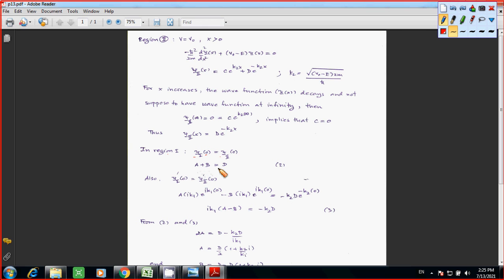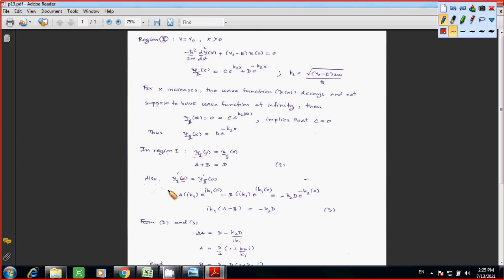That's why you have A plus B equal to D. And also the derivative of the wave function in region 1 at x equal to 0 has to be equal to the derivative of the wave function in region 2 at x equal to 0.